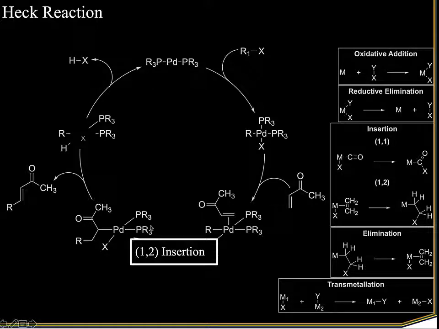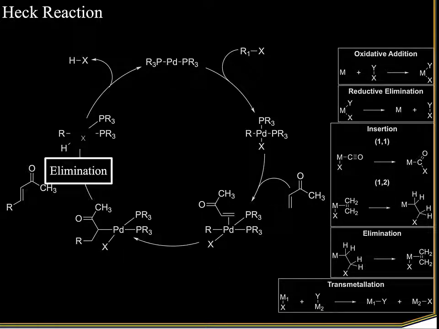Now we are at this palladium-carbon bond. And one thing that's important to note about palladium is that it absolutely loves to do beta hydride eliminations. So our elimination step comes next, where we can regenerate an alkene that leaves our metal complex by pulling off one of the hydrogens at that beta position.